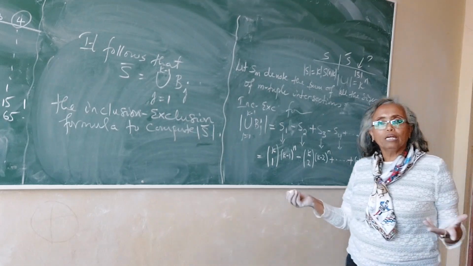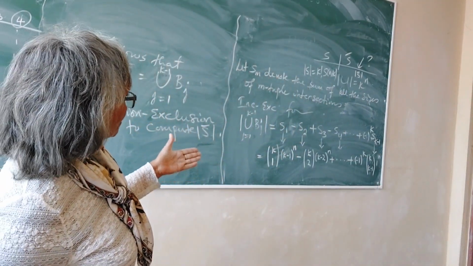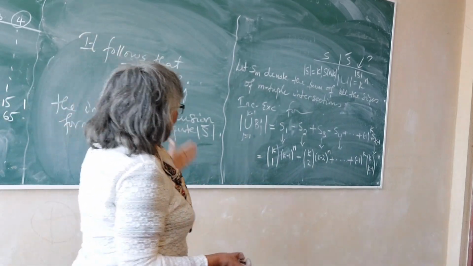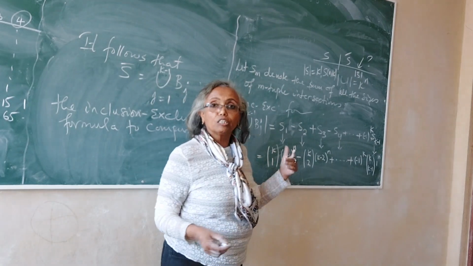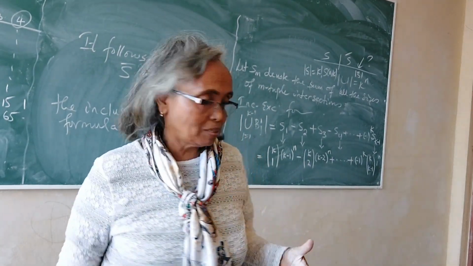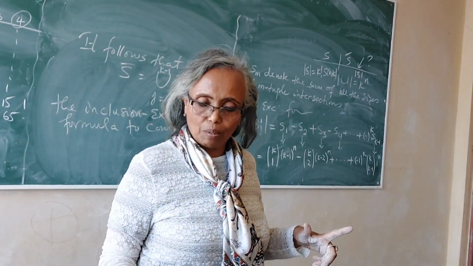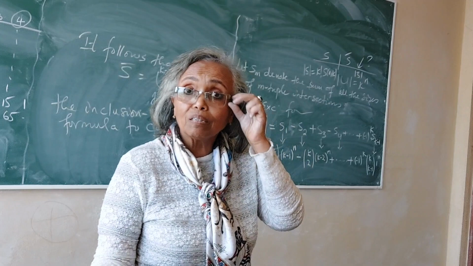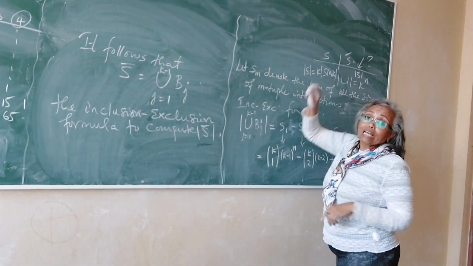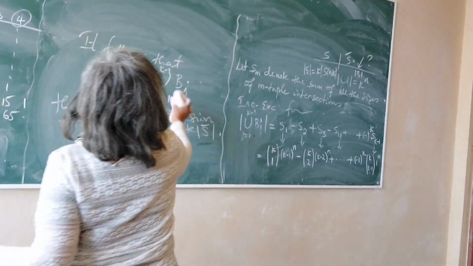There is only one way to do that. This sum is the number of ways n distinct items could be distributed into k distinct boxes where at least 1 box is left empty. So that means we have counted S bar.